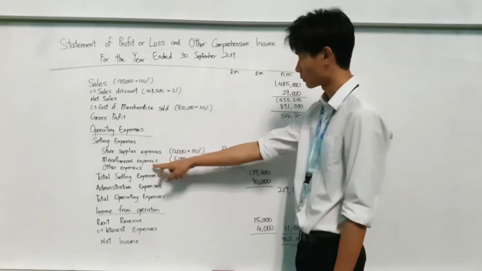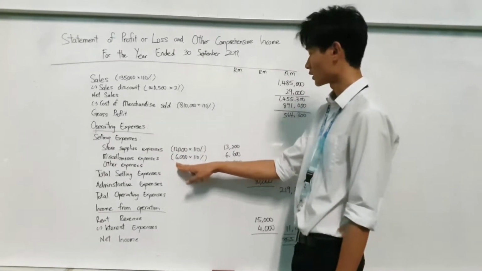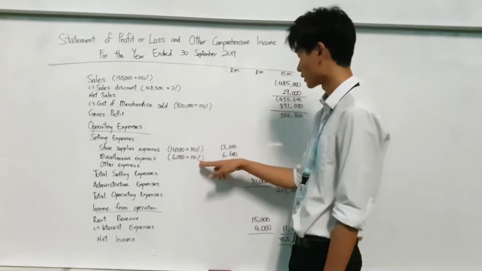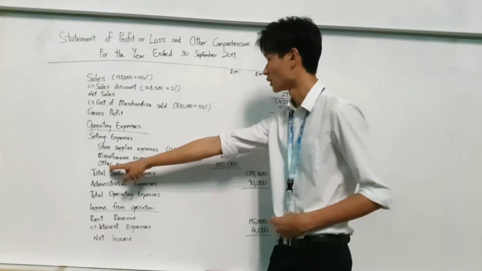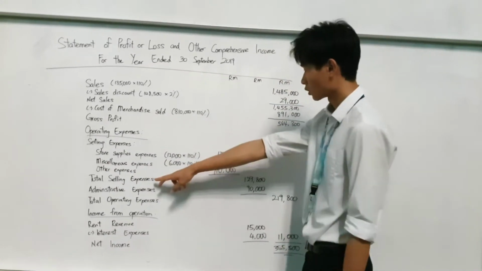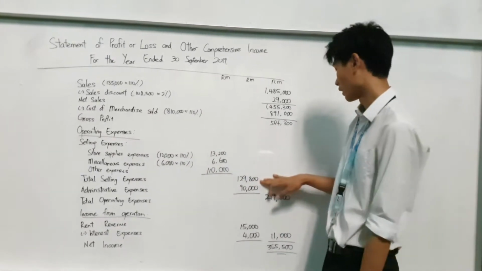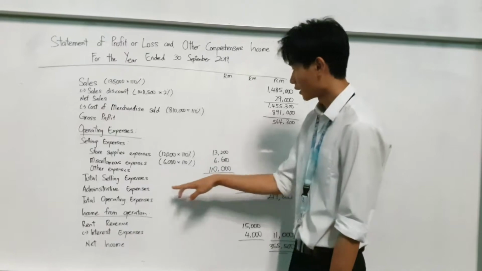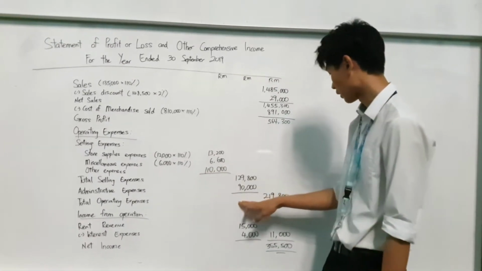And the miscellaneous expenses also, we use the proposal given, 6,000 times 110%, so we get 6,600. And add the other expenses, 110,000. So we total the selling expenses, we get 129,800. And then we add the administrative expenses, which is 90,000.